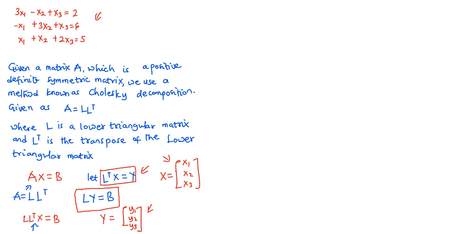I'm going to write the system of equations in the AX equals B form, that's in the matrix form. You are going to have 3, minus 1, 1, then minus 1, 3, 1, and then 1, 1, 2.